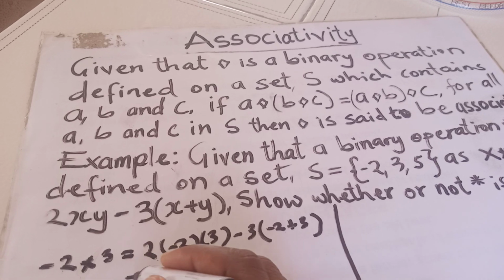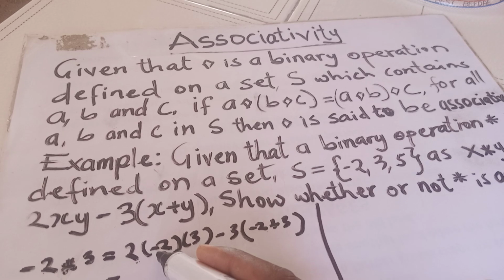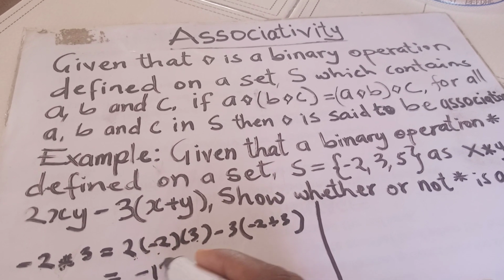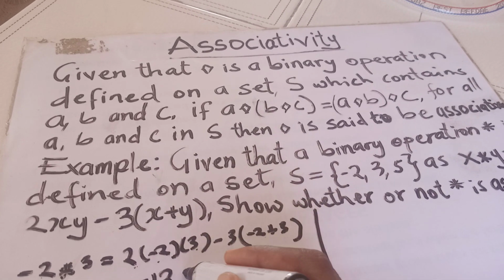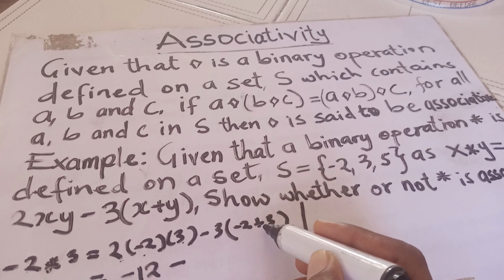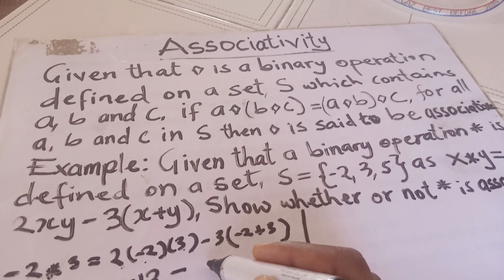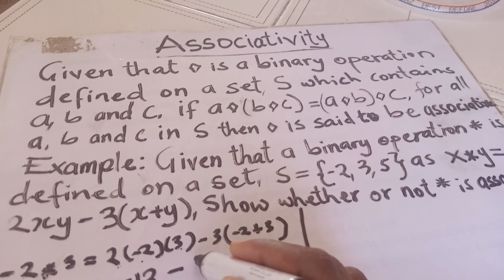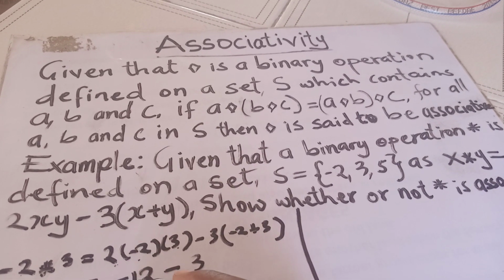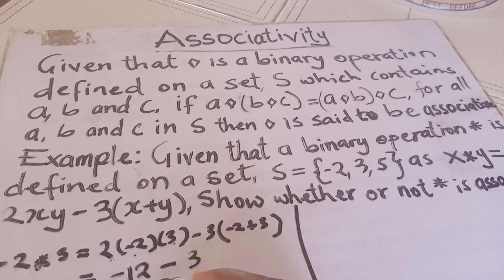Let's operate on this. -2 multiplied by 2 gives -4, multiplied by 3 gives -12, minus: -2 plus 3 gives 1, multiplied by 3 gives 3. So we now have -12 minus 3, that's -15.